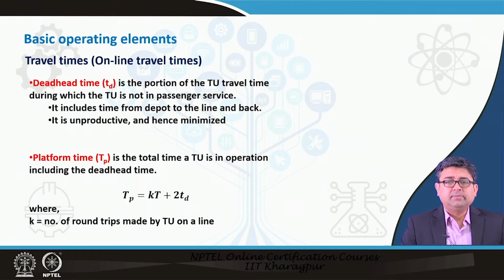The deadhead times may be there on each side of the two terminals, so there may be two deadhead times. So, if there are k round trips made by a TU on the line, then k times t plus these two deadhead times add up to what is called the platform time.